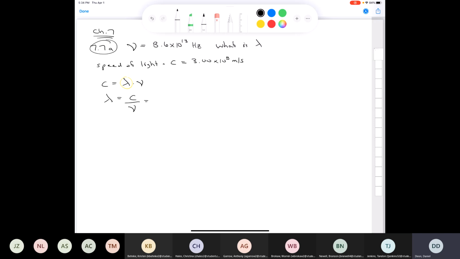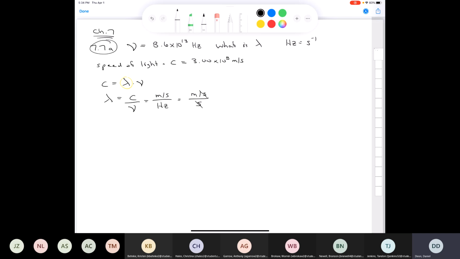Now, if you look at the units of c, which are meters per second, and you divide them by frequency, which is in hertz, that doesn't look like a wavelength, does it? But remember that a hertz is the same thing as a second to the power of -1, or a reciprocal second.